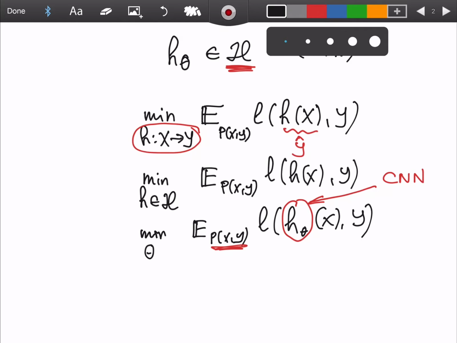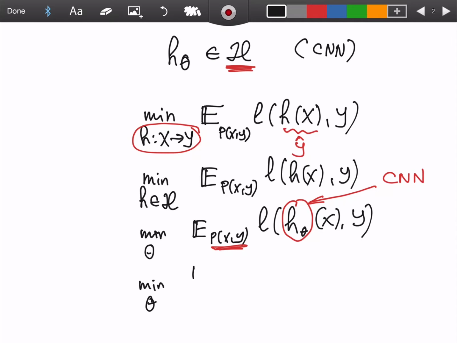Instead, we take a finite sample, the so-called training set, and instead of minimizing the original loss, we minimize the empirical loss, right? So we have some big training set, and we are approximating the expectation by the empirical average.